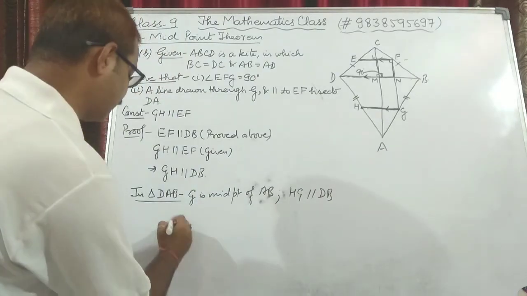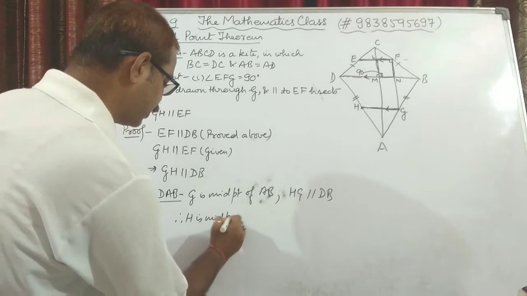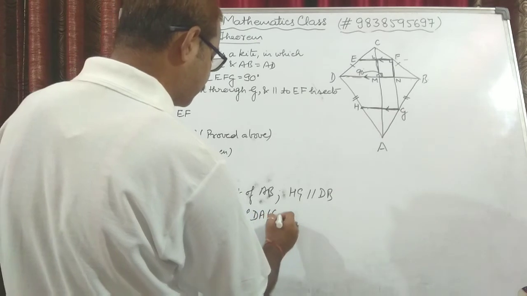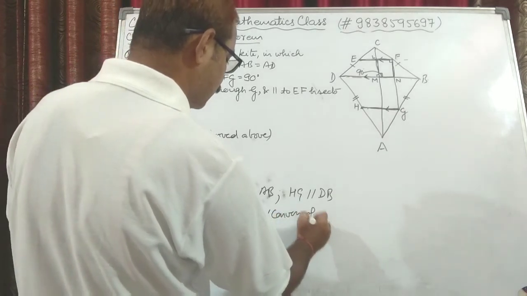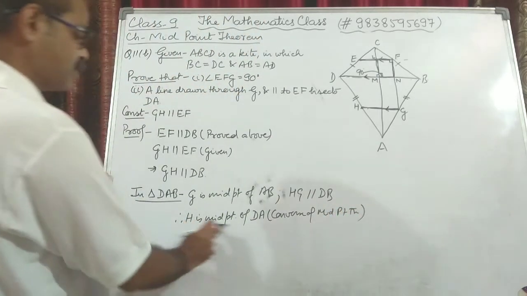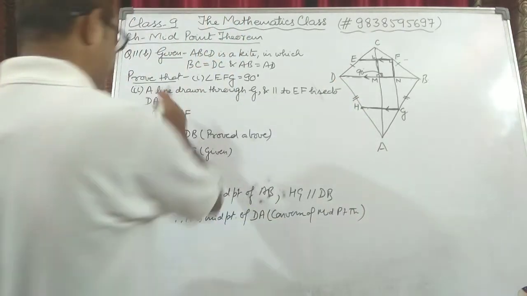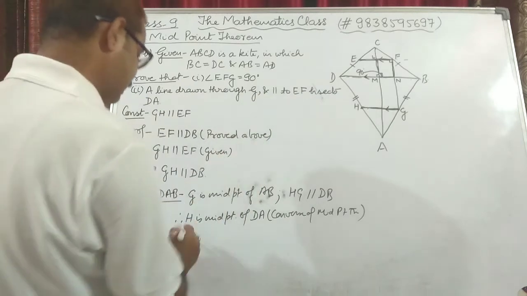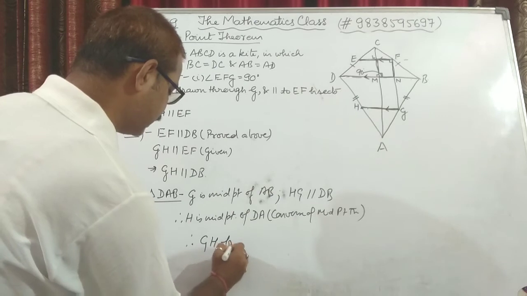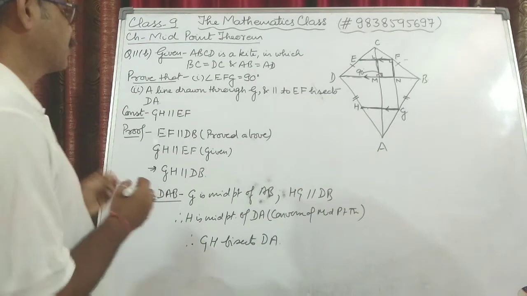So we can say that therefore H is the midpoint of DA according to the converse of midpoint theorem. Now H is the midpoint of DA. It means H bisects DA, and that is what we have to prove. Therefore, we can say that GH bisects DA. This has been proved.